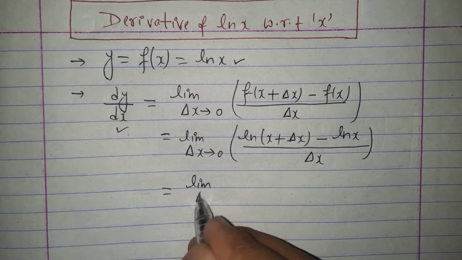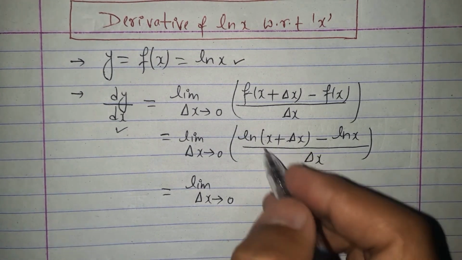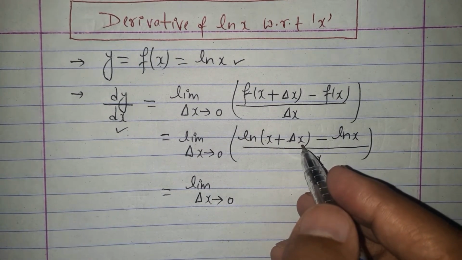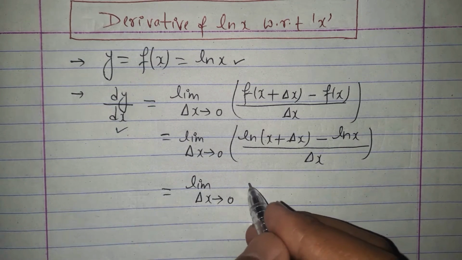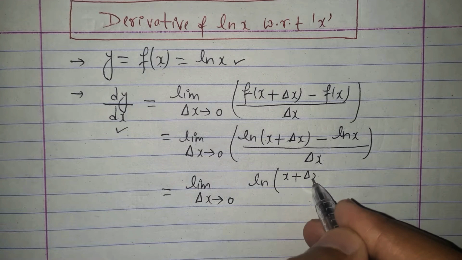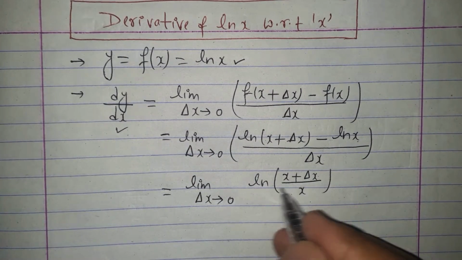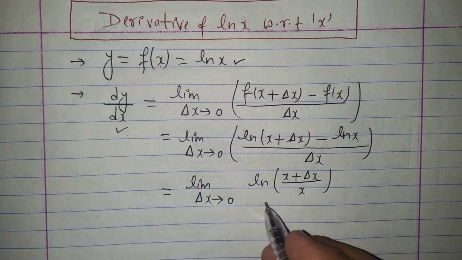Limit when delta x tends to 0, and here in the numerator we can apply the quotient law of the logarithm. This can be written as ln of the first number, x plus delta x, divided by the second number, x. Here we just apply the quotient law of the logarithm.